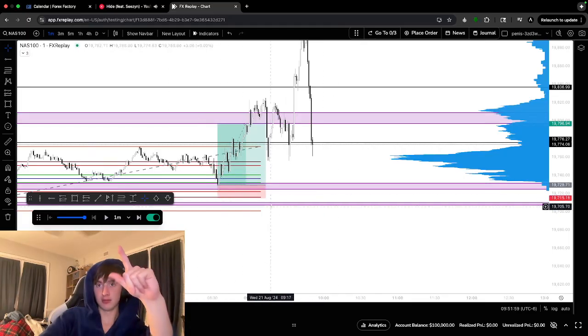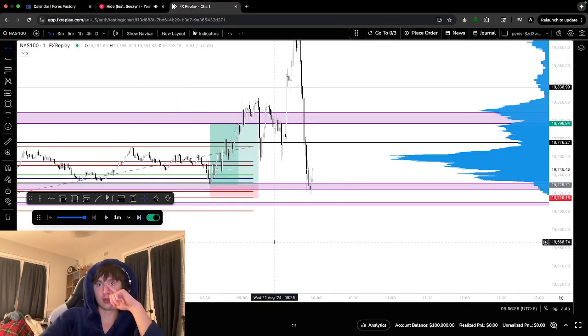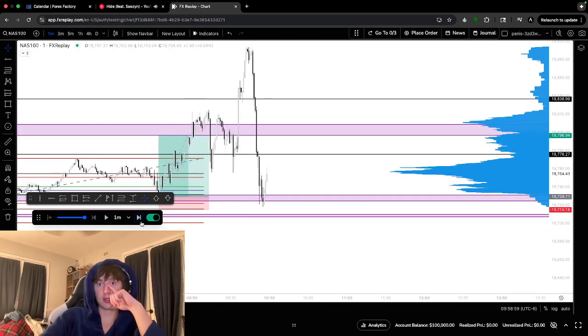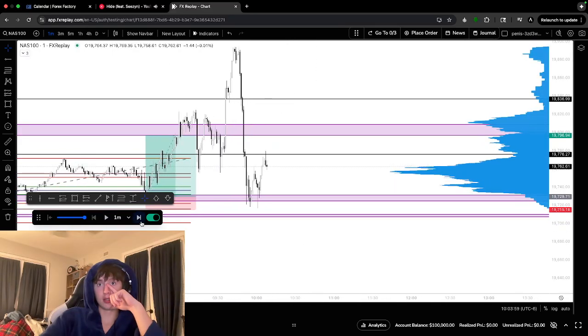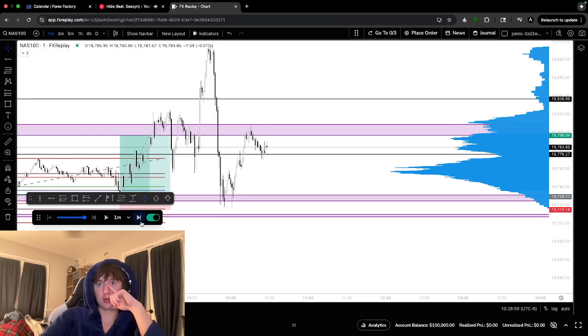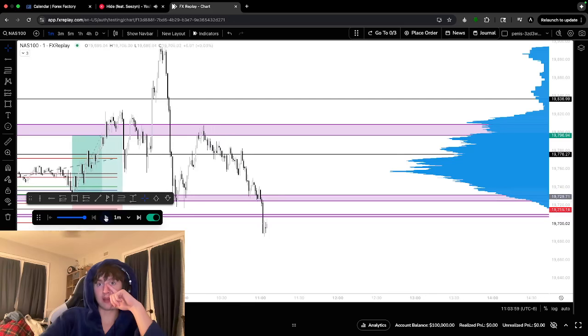Low-key, I think it might dump and then go back up. Okay, we still have not hit this for this 5-minute. We want the 5-minute. Oh, we got it.